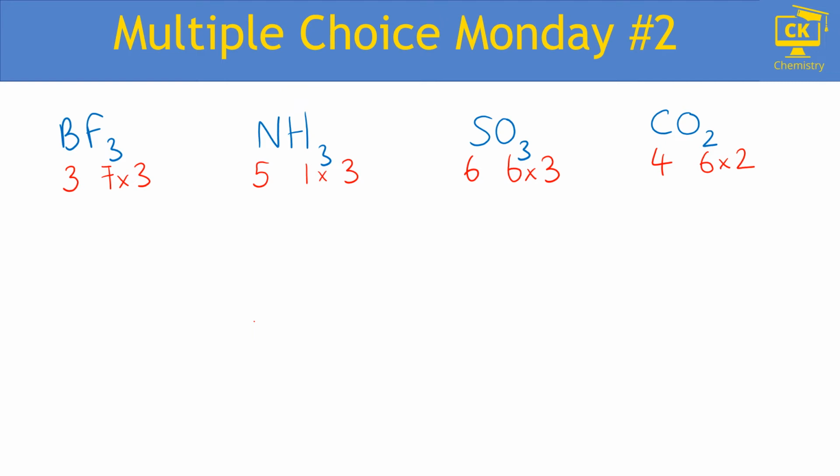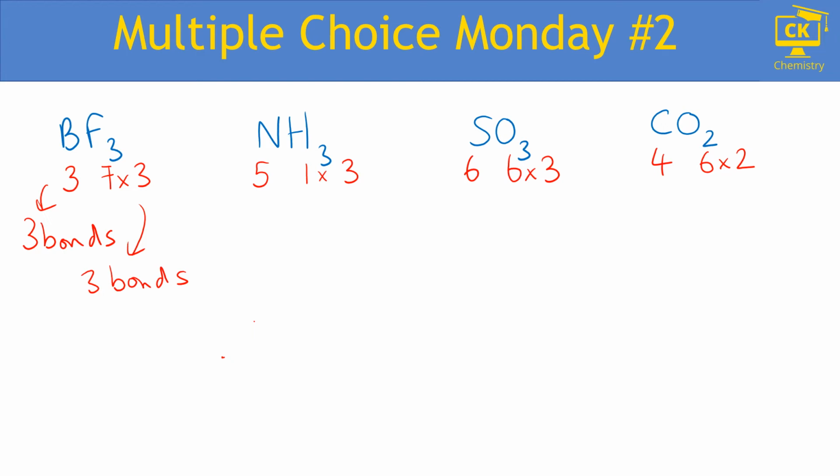Then we can just look at how many bonds the atoms around the central atom are going to make in total. Boron is in group 3, so it is going to make 3 bonds. Fluorine is in group 7, which means it's going to share 1 electron. Each fluorine will make 1 bond, and therefore there are 3 bonds in total. What that means is there are no lone pairs in that molecule.